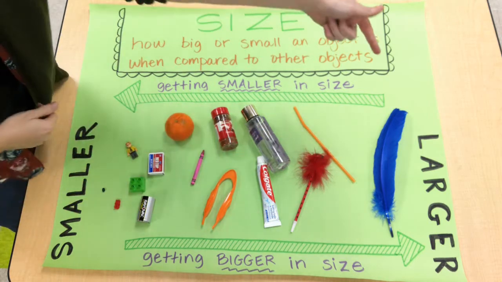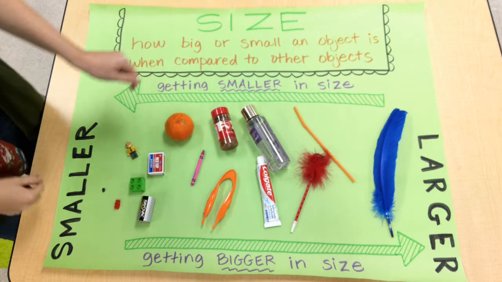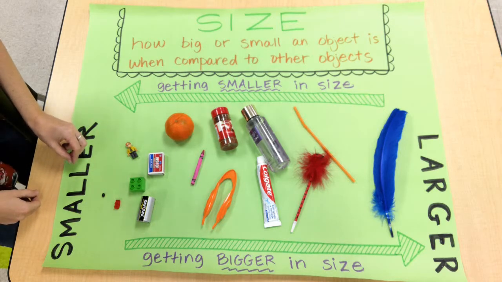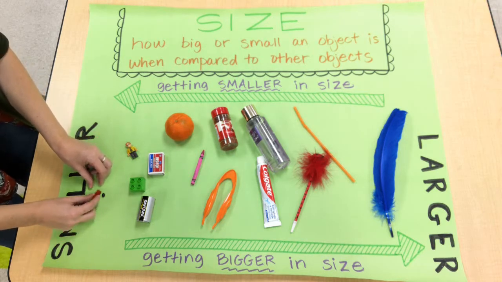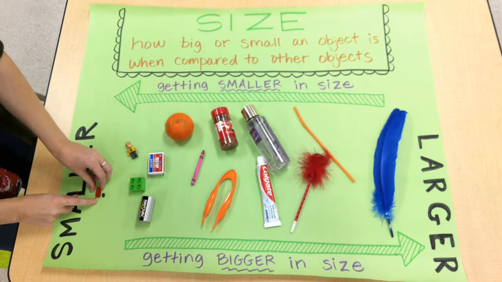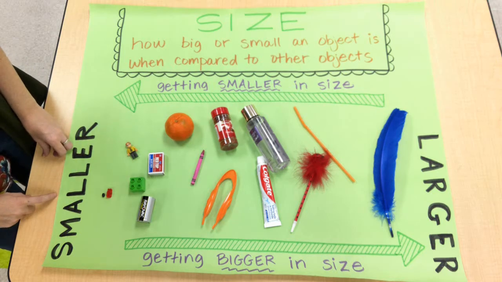And as we come this way, it's going to get smaller and smaller and smaller. So I have a pretty small item right here. If I look at my gummy bear compared to my black bean, I know my gummy bear is larger than my black bean. So I'm going to put that right beside it.